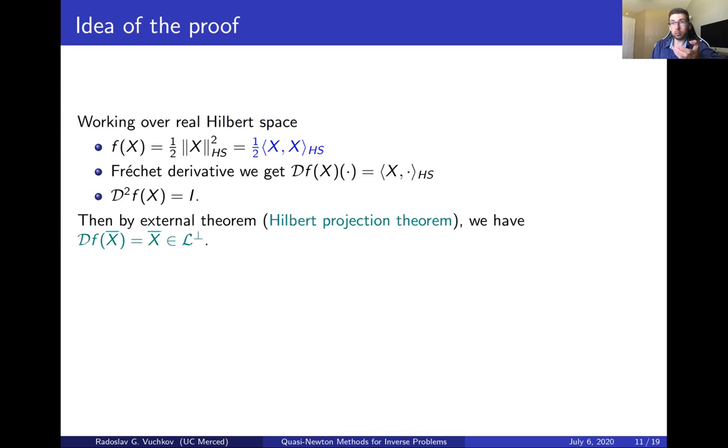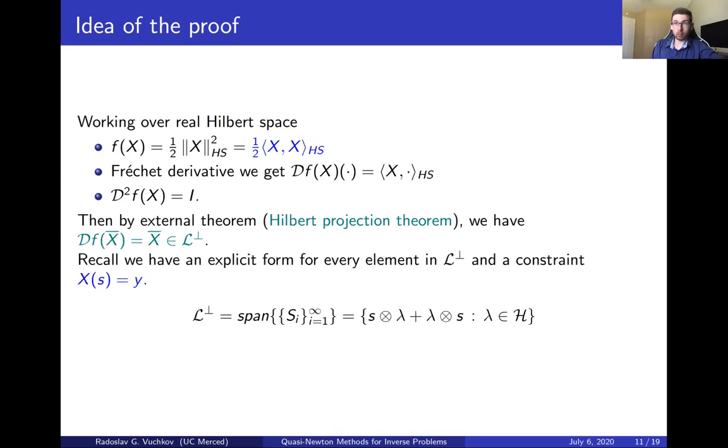For us though, because we're in infinite dimensions, this is called the Hilbert projection theorem, and it tells us the solution has to live in this perp space, in this orthogonal complement. But luckily for us, we completely understand this complement from our geometric lemma. And we know that it has to look like this.